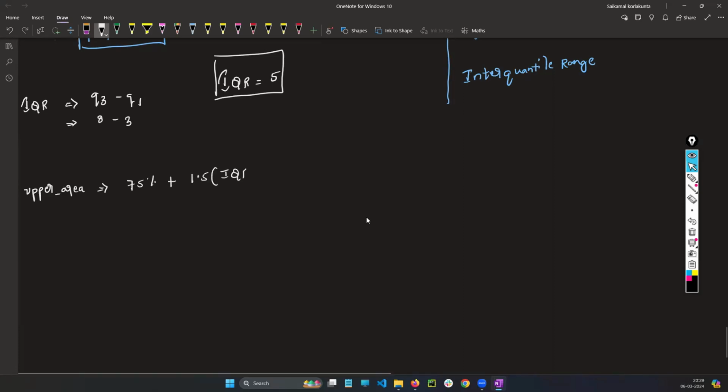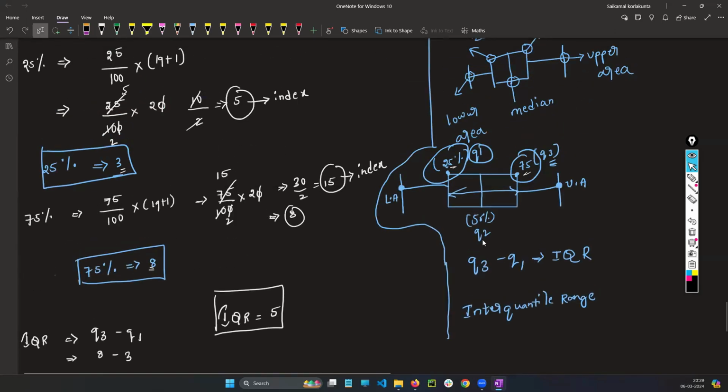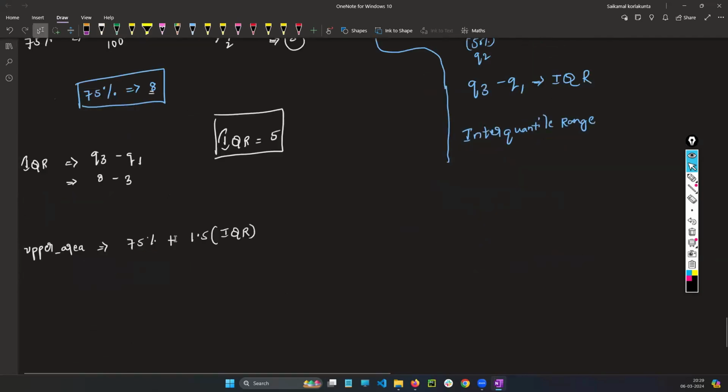This is the general formula, which means from here we travel to some extended location.